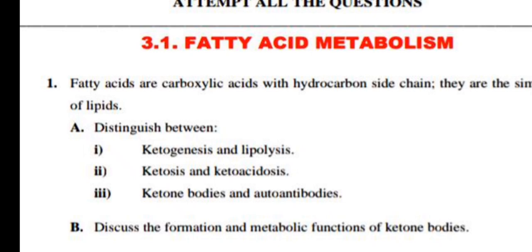If they are produced too much in the body, they are going to decrease the pH levels in the blood, because the more acidic the substance is, the more the pH is going to drop. So ketosis is just the elevated increase of ketone bodies in the blood that causes the drop in pH.